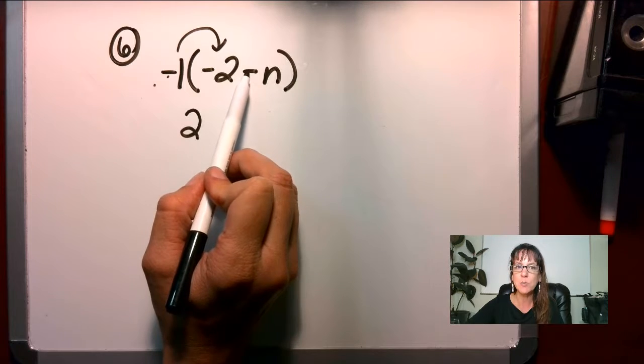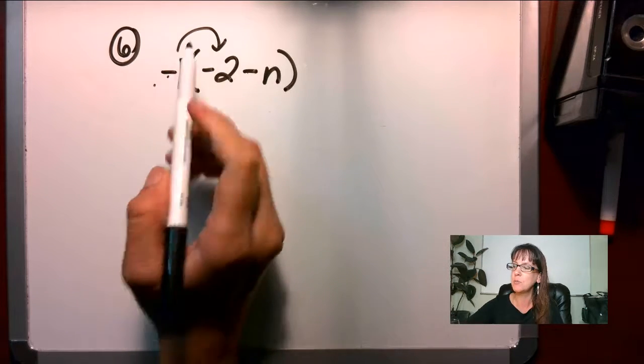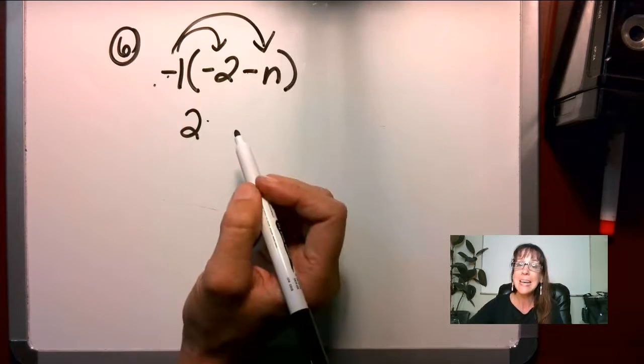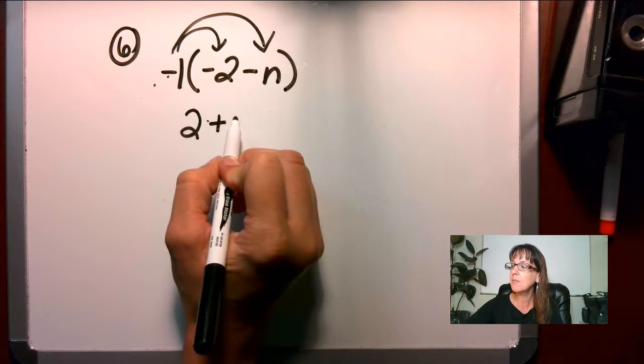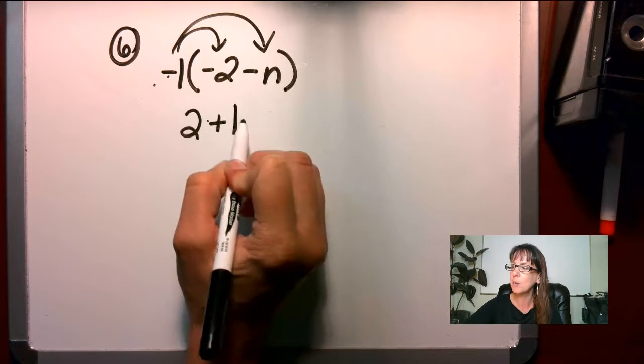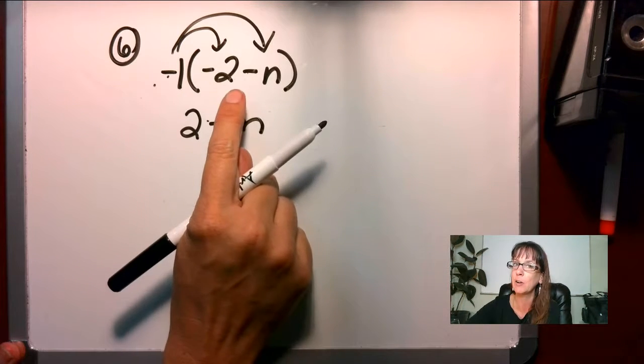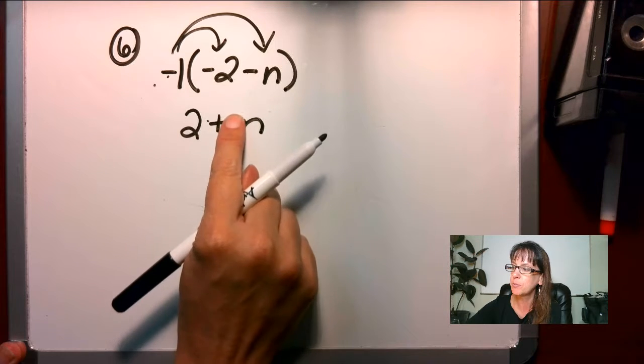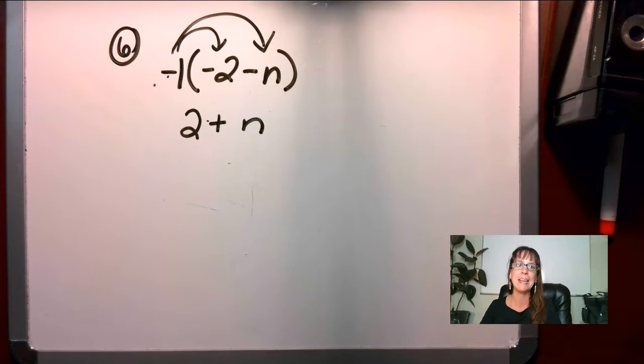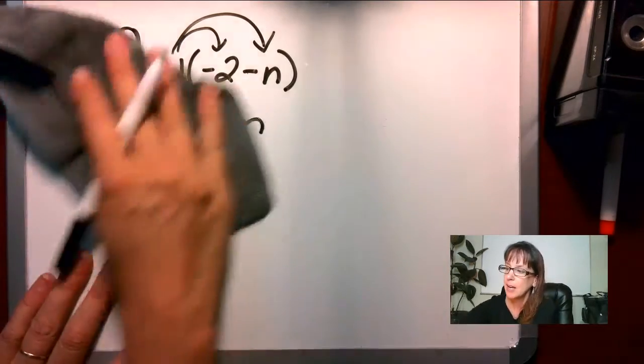Here's a good case where we don't just bring down this negative sign. We do negative 1 times negative n, which is positive 1n. Again, we're lazy, we don't like to write that 1 in front of our variables, so we get rid of that, and it's just 2 plus n, okay? Be very careful of those negative signs in the front.